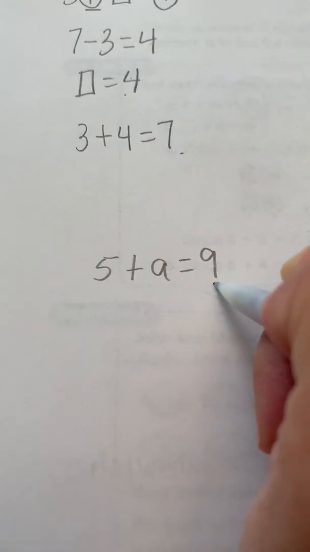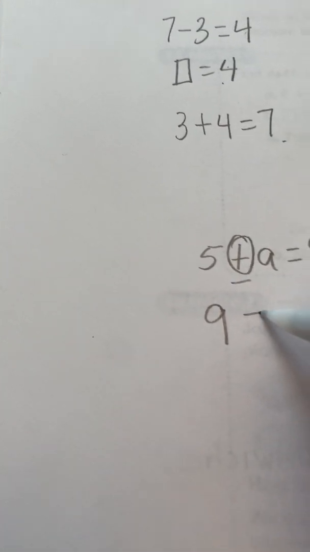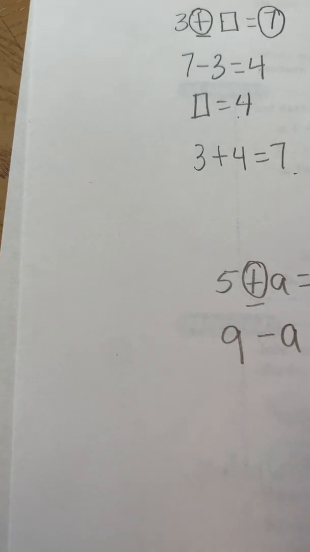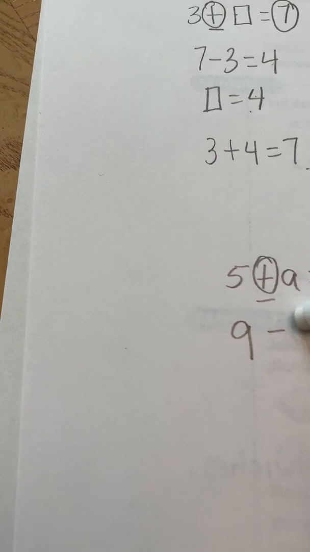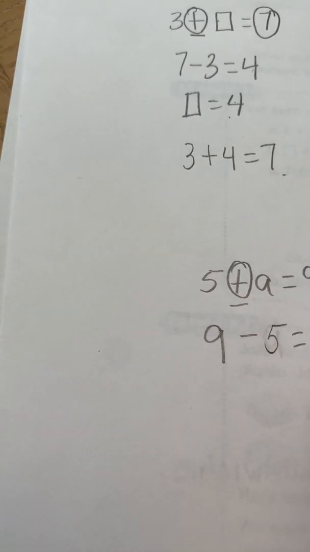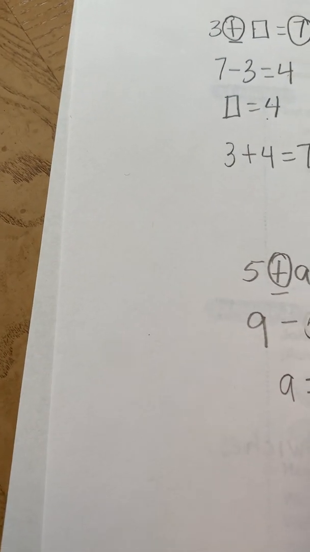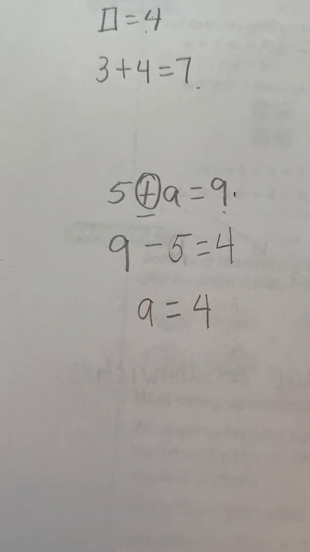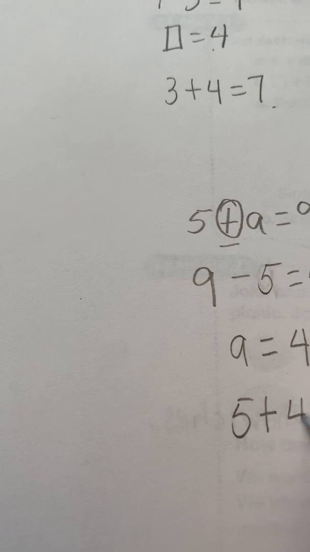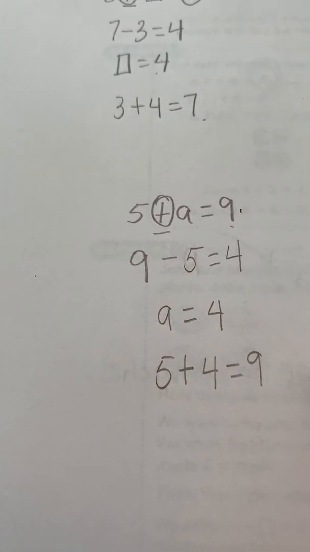I'm going to take the sum first, 9, minus 5, I apologize. 9 minus 5 is going to equal 4, okay, which means A equals 4. Let's see if this is correct. 5 plus 4 does indeed equal 9, so this is correct.